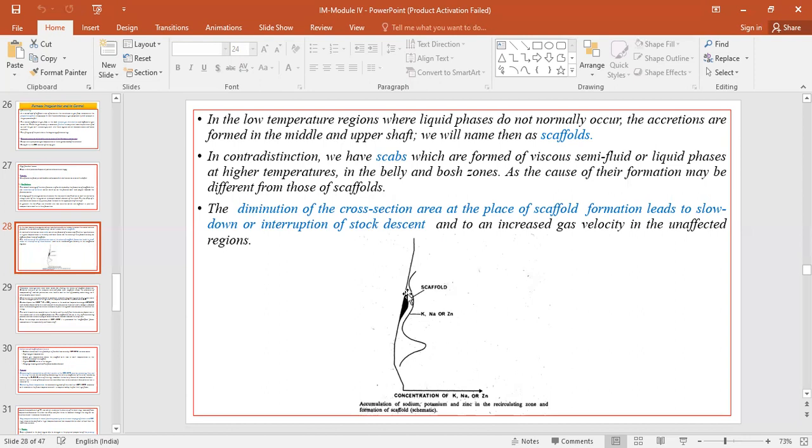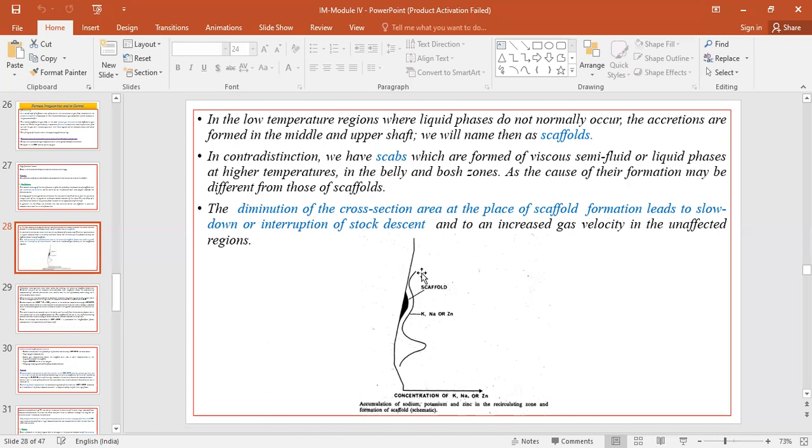As the burden keeps on moving, a part of it may form layer by layer on this, and these projections may extend towards the center of the blast furnace, because of which the burden movement will be interrupted.